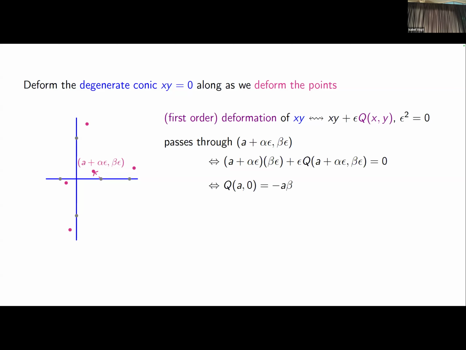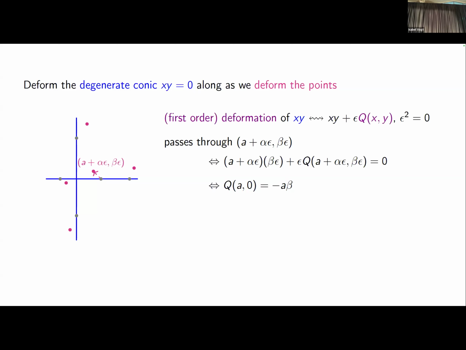And this is quite nice now, because remember I assumed that epsilon squared was 0. And so a lot of things cancel, in particular all dependence on epsilon in this equation goes away. And so this is exactly saying that I want to find a q where q evaluated at the original point on the x-axis takes some particular value. The value itself doesn't matter very much.